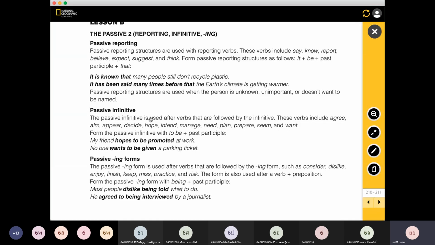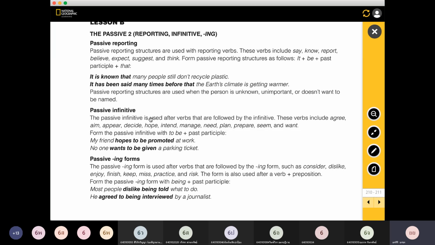If we're talking about infinitive and ing forms with passive, it's obvious, there's no other way, you have to use it because it depends on the verbs' requirements, the properties of the verb. Some verbs must be followed by infinitive and some verbs must be followed by present participle, or gerund.